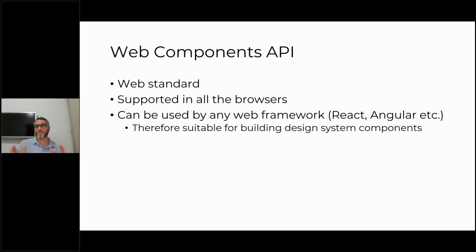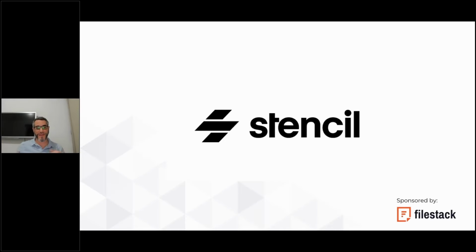But if another team in your company uses Angular, for example, you will have to do a little bit of tweaking in order to use the Angular part. So how do you create a component library with the Web Component API?